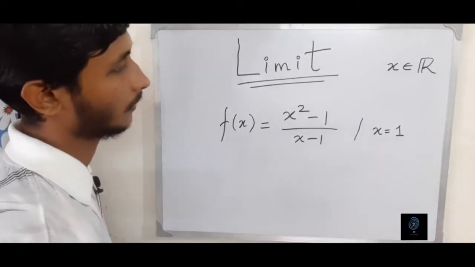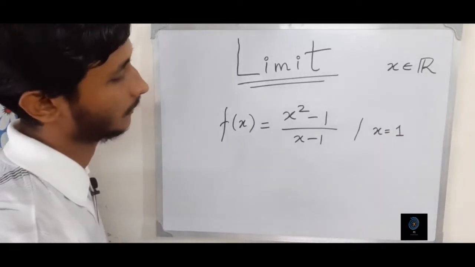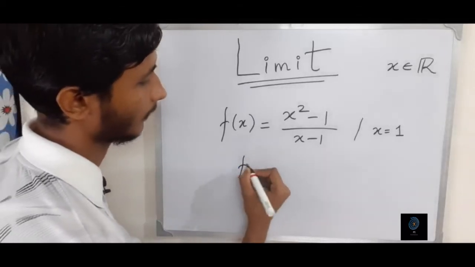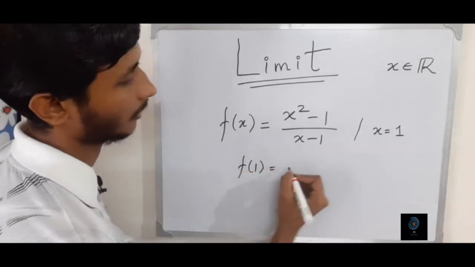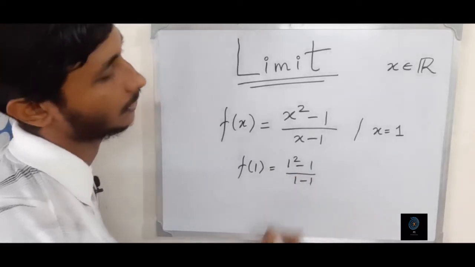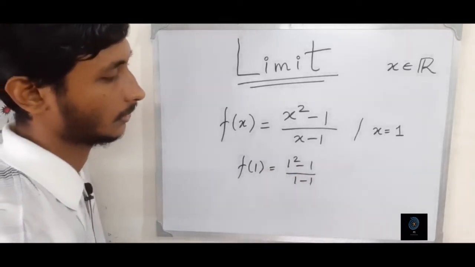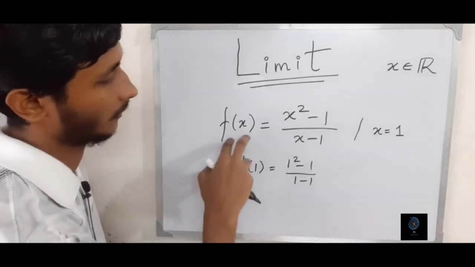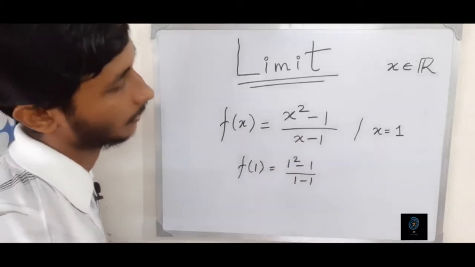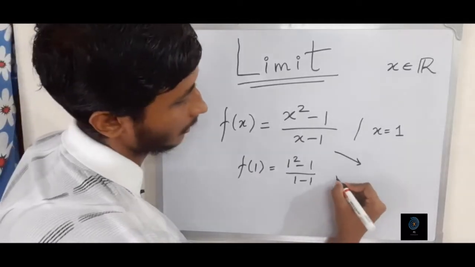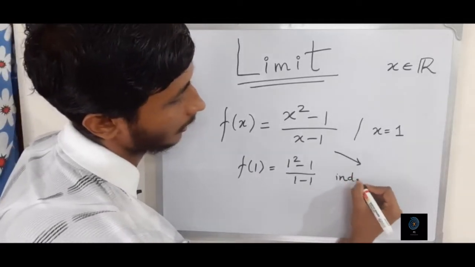So if we want to know the value of this function from its definition at the point x is equal to 1, we cannot do it, because in that case the denominator will be 0, and division by 0 is undefined in mathematics. So the value of the function f(x) at the point x is equal to 1 is indeterminate.